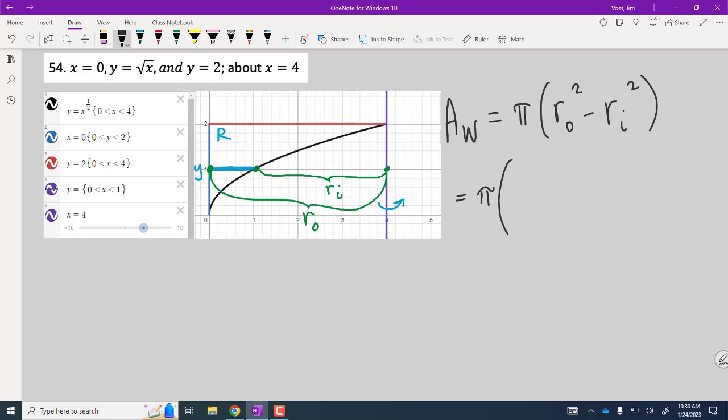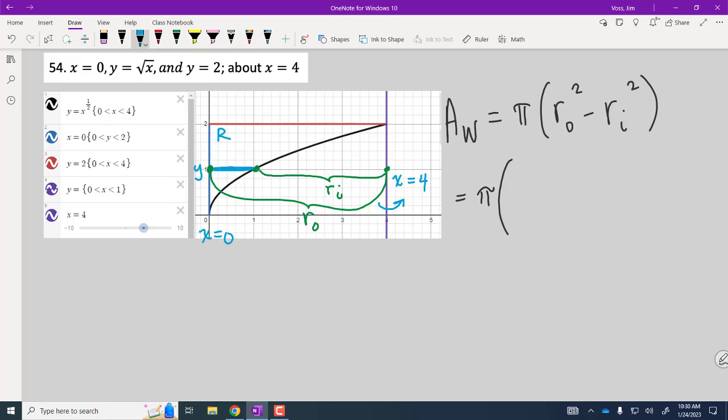Zero. Outer radius is what? Say that again. Zero. Outer radius is not zero. This x value on the right is x equals 4. This x value on the left is x equals 0. So that outer radius is 4.